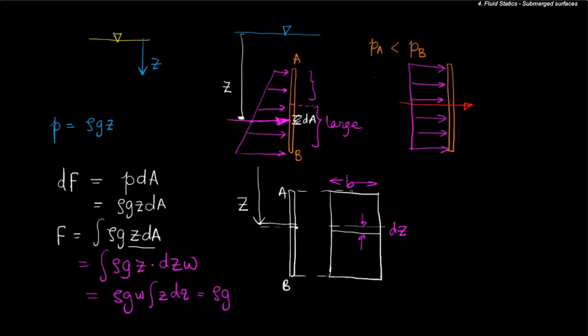Essentially it is rho g w z squared upon 2, where z varies from za to zb. So this gives us an idea on how to find the force, and clearly the force is not going to act through the centroid, and in fact in what follows we will find out a general way of finding what is called the center of pressure. But let's proceed for now.